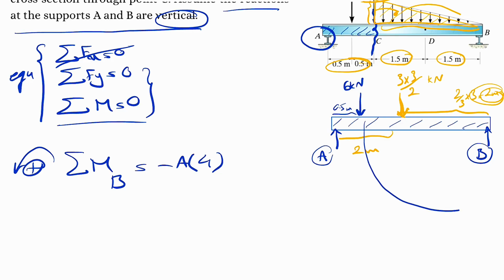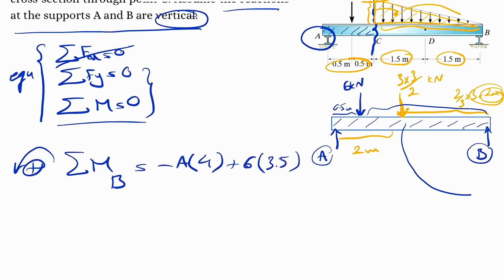We have the moment of the 6 kilonewton about B. This one's counterclockwise, so positive 6 times the distance from here to the end. Again, the beam is 4, so 4 minus 0.5 will be 3.5. We have the moment of the distributed load. That one's also counterclockwise, so plus 3 times 3 divided by 2, and the length again is 2. And that's pretty much everything.